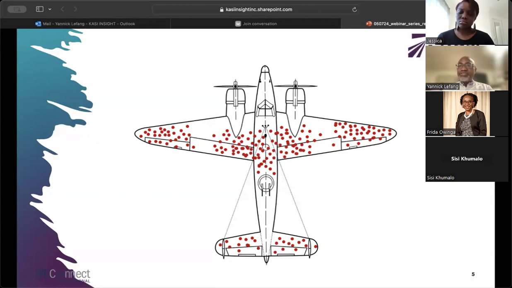But when you see this plane and you analyze the information, your inclination is going to be, let me bulletproof these areas because that's where I see the damage. But really what's happening here is that you should actually bulletproof the areas where there's no bullet, because the likelihood of those planes not coming back is actually higher.